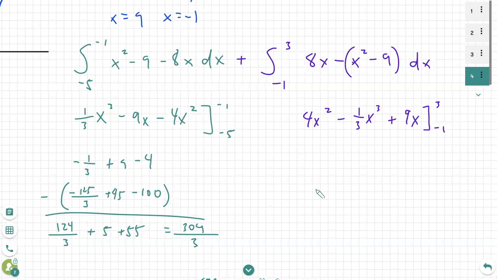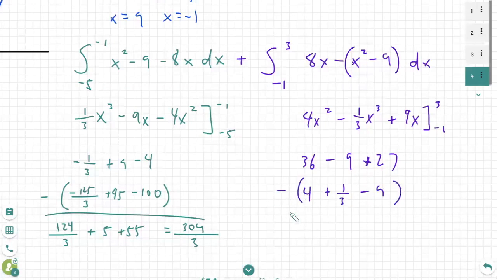For the 3, I got 54: 36 minus 27 over 3 is 9, plus 27. Okay, what about the -1? -14 over 3. Then you subtract that, so plus 1/3, minus 9... subtract, okay. And then I got 176 over 3.